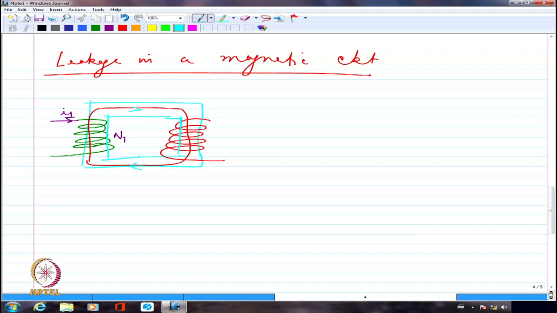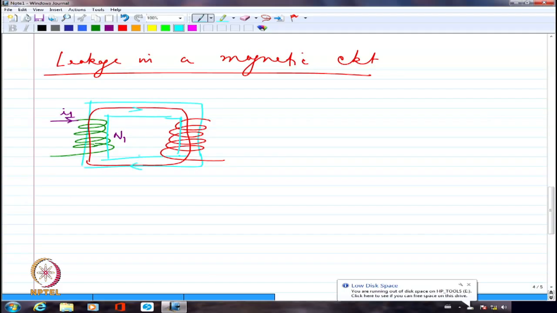I am essentially looking at the ratio of the number of lines confining themselves to the iron core and the number of lines that are coming through the air gap. That is supposed to be about 4,000. So if I say totally 10,000 lines are there as flux lines, at least 2 or 3 can definitely be following the path through the air gap.